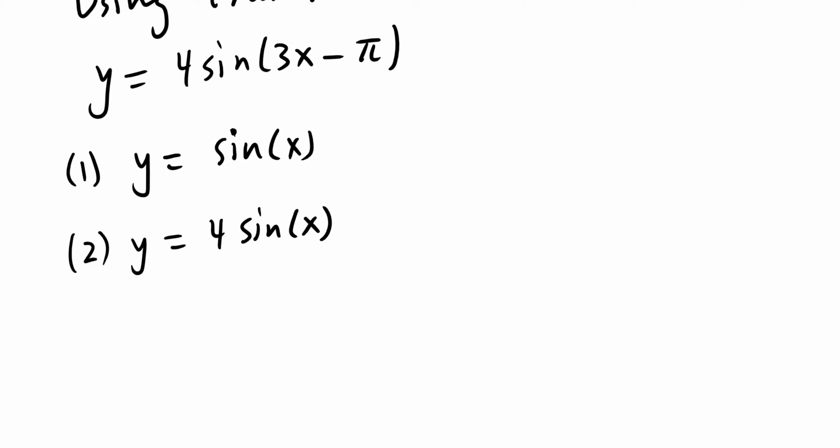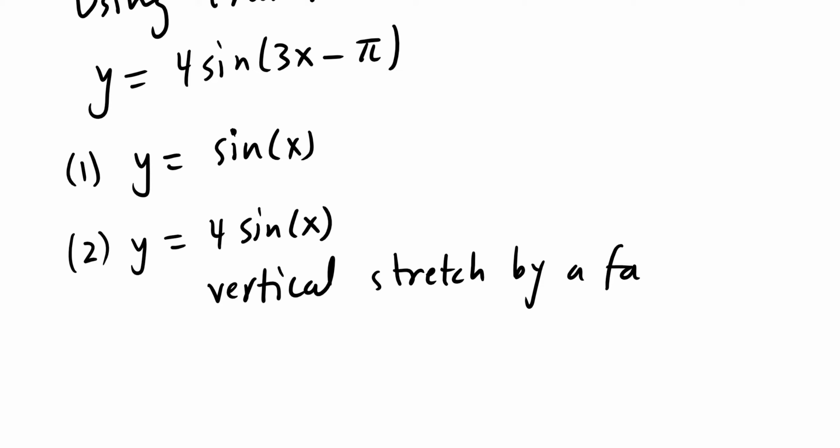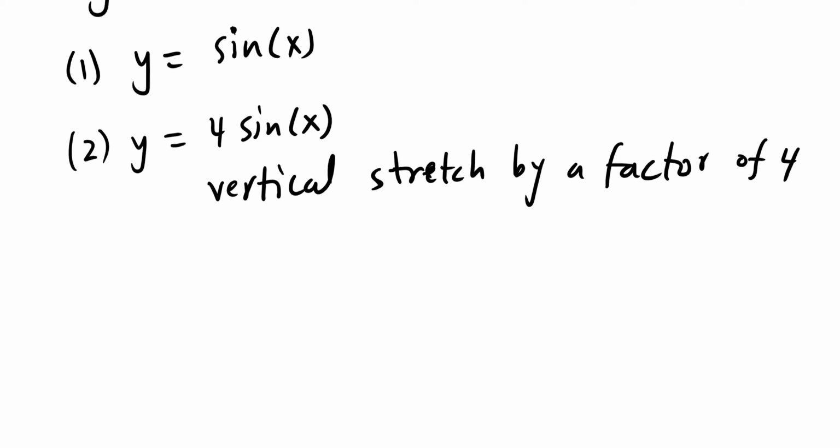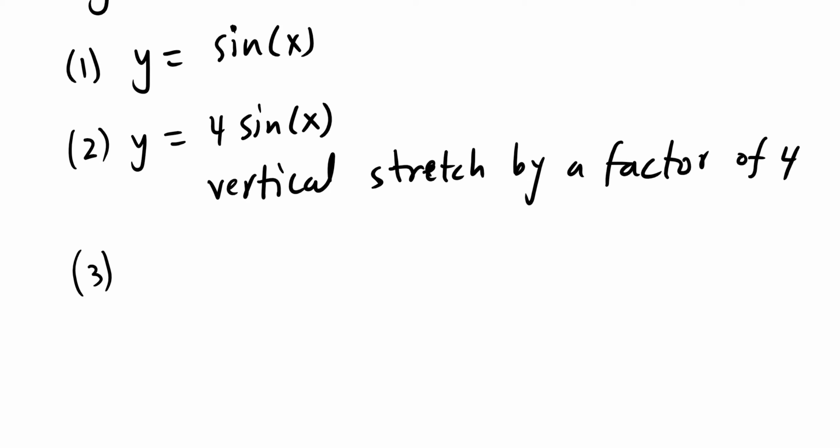What the 4 does is give us a vertical stretch by a factor of 4. That's what the 4 means. The amplitude becomes bigger. Instead of 1, now it's 4.